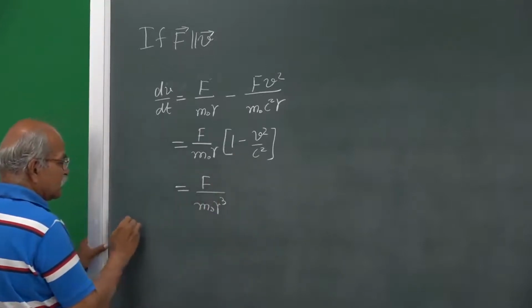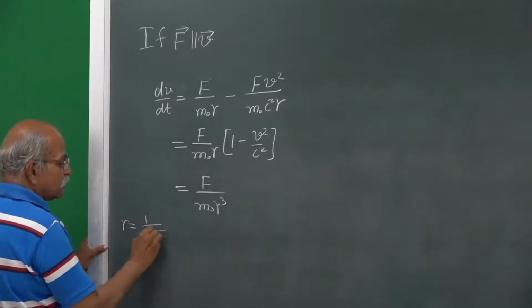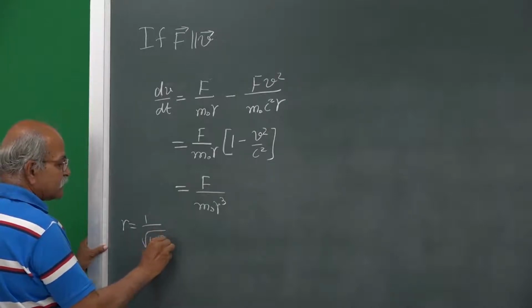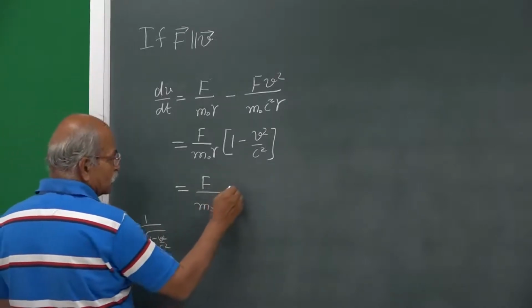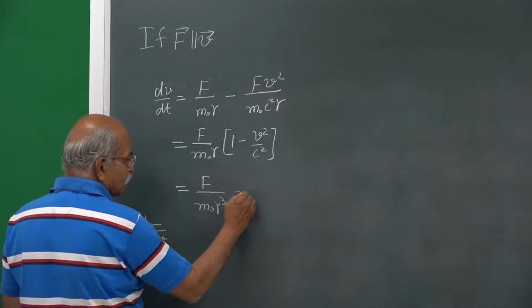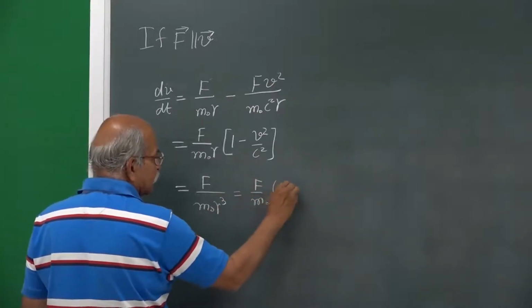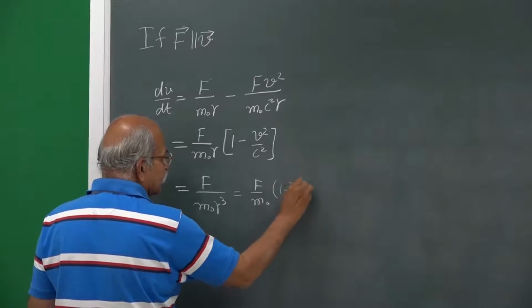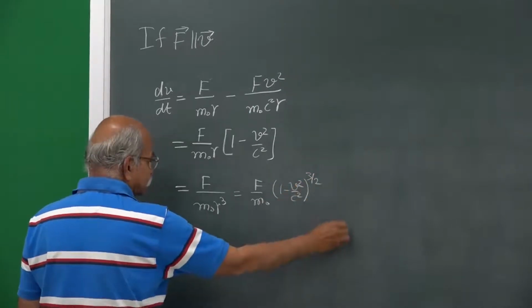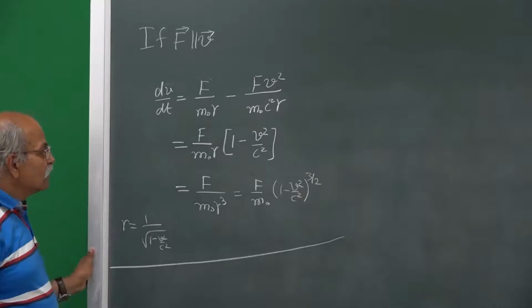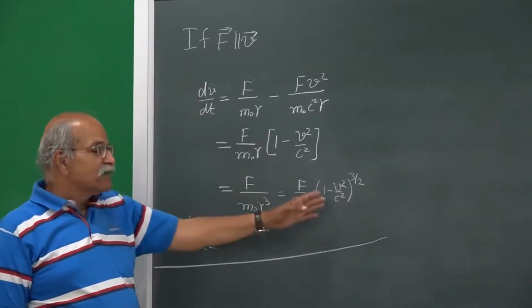Remember, gamma is nothing but 1 by square root of 1 minus v square by c square. So you can write this as f over m naught times 1 minus v square by c square to the power 3 by 2. So dv dt is given by this.